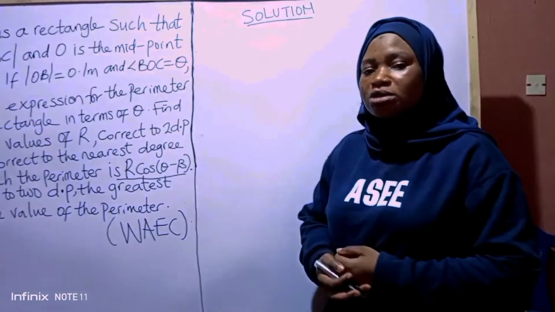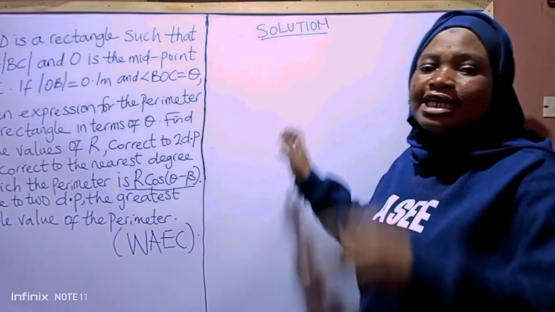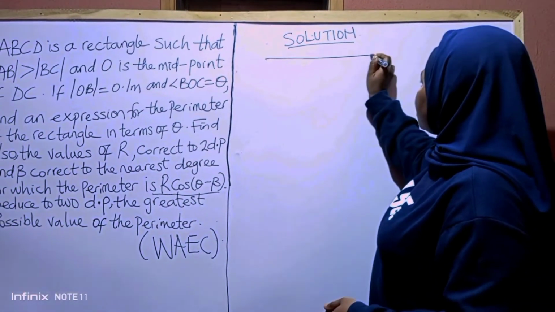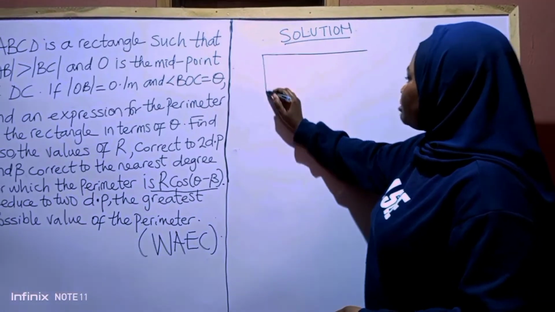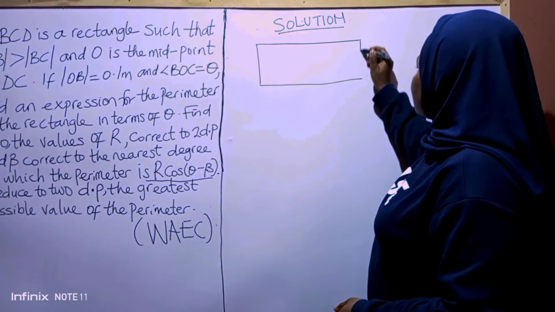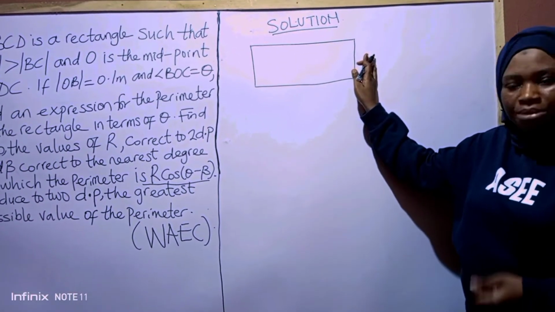It's a WAEC question. So the first thing is that we have to sketch that rectangle. We know that a rectangle has 2 lengths and 2 breadths, and the length is greater than the breadth.